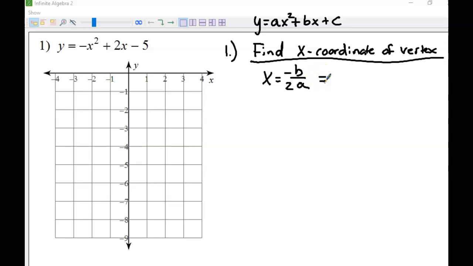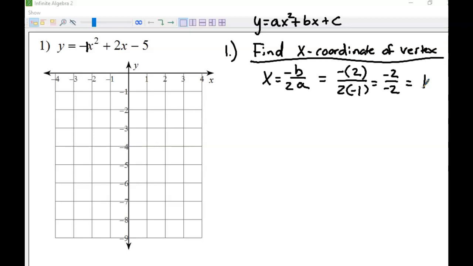Now, for our particular problem, b is the number that is in front of the x, so that would be a 2. A is the number that's in front of the x squared, and since there's not a number there, we can assume it's a 1, so it's a negative 1. We're left with negative 2 over negative 2, which is 1.